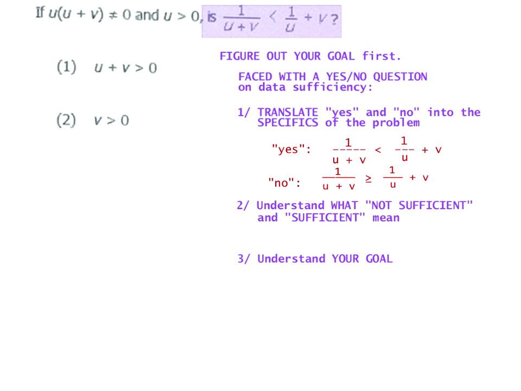This is a crucial step, because the reason a lot of people find this stuff hard is that they're still thinking in terms of the word yes and the word no. It's really important not to think in those terms, because yes and no are not mathematical concepts. You can't do math in a problem and get the word yes or no out of it.